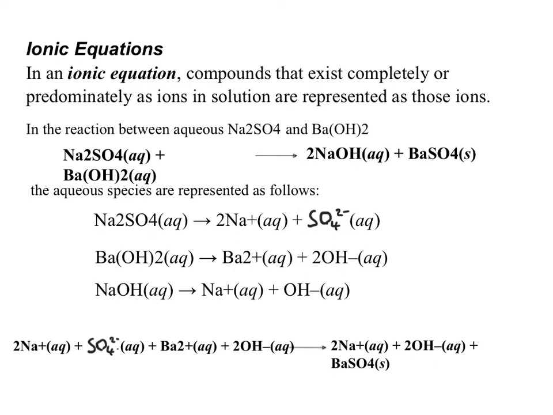The barium hydroxide is split into barium and hydroxide ions, and sodium hydroxide into sodium and hydroxide ions. Of course, the barium sulfate, which remains a solid at the end, i.e. it's a precipitate, is not ionized and therefore remains as a full compound. Note that the complete ionic equation at the bottom looks a hot mess, but it is a much more accurate depiction of what is going on.